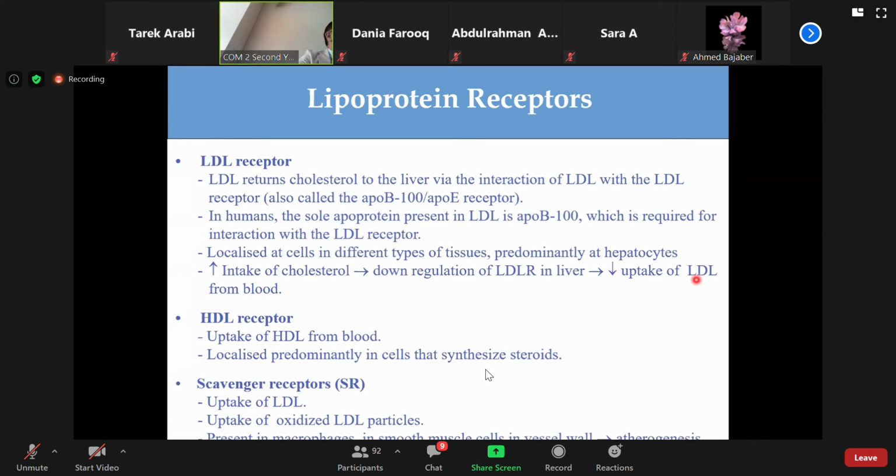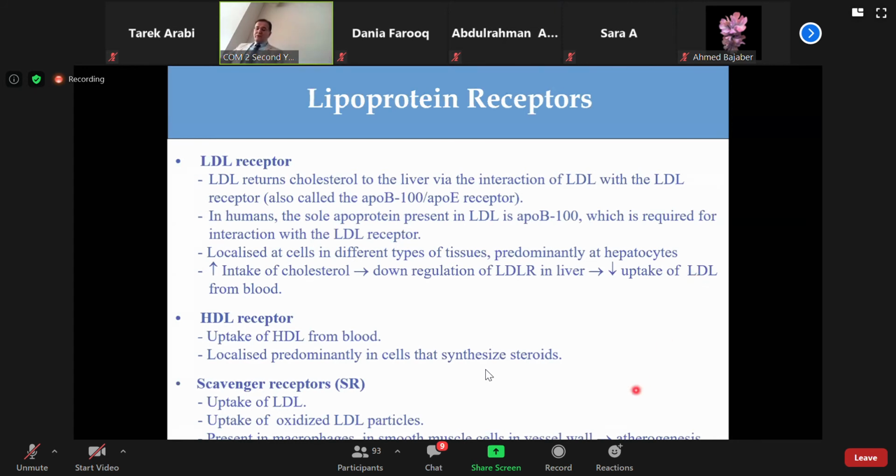I mean, it's really common. As I said, 1 in every 500 people will have the LDL receptor mutation, and they will have familial hypercholesterolemia. It's genetic, and it does cause increased level of LDL cholesterol, and most people, in the age of 40 to 50, have heart attacks and strokes and so on.